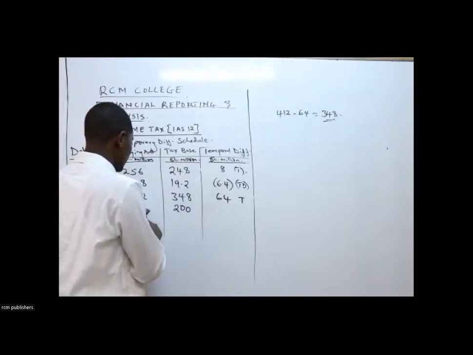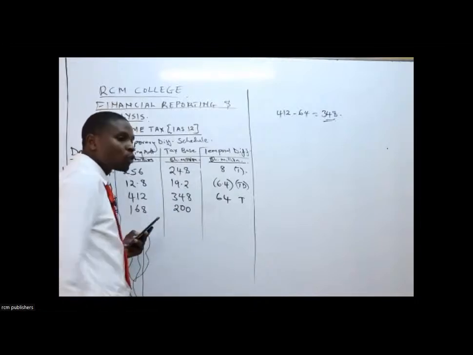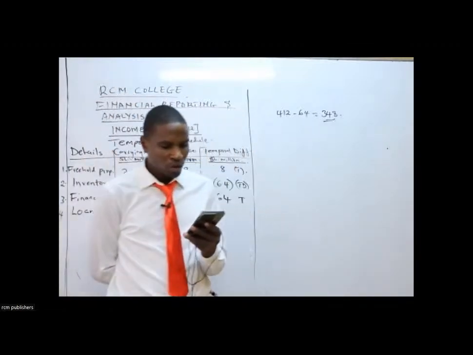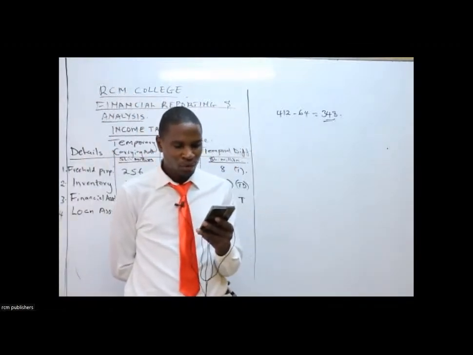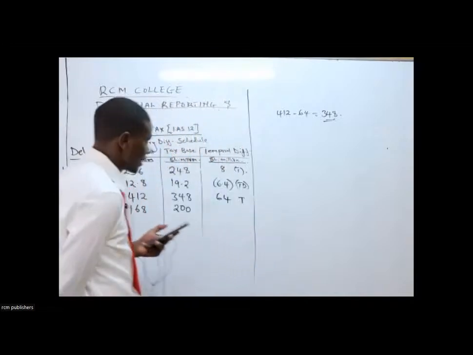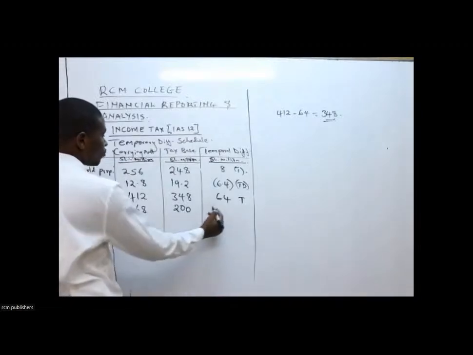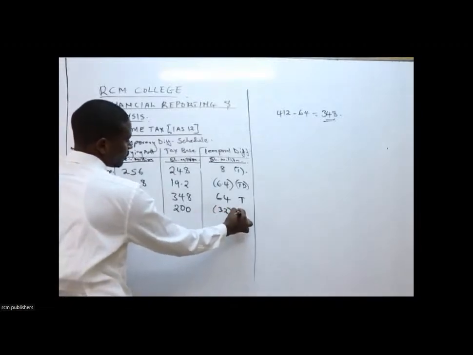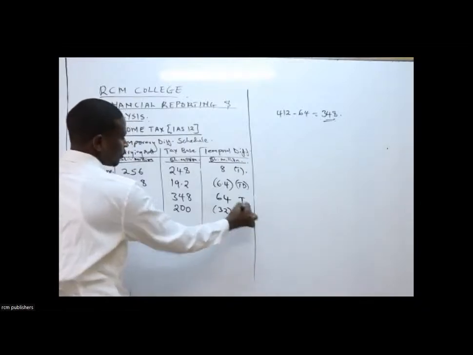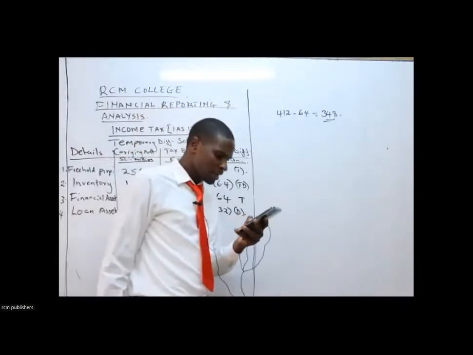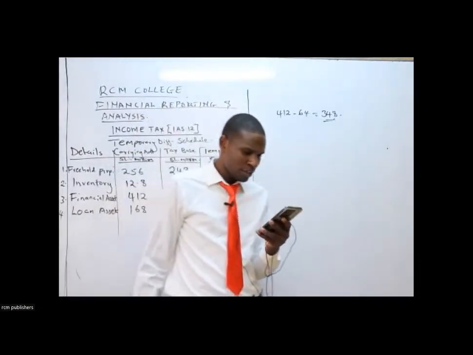And since we are dealing with the asset, this is a loan asset. Tell me whether it will be taxable or non-taxable. This is an asset, so the 32 will be deductible.